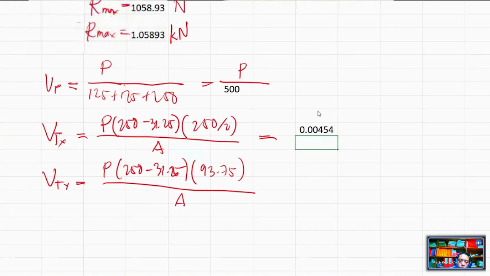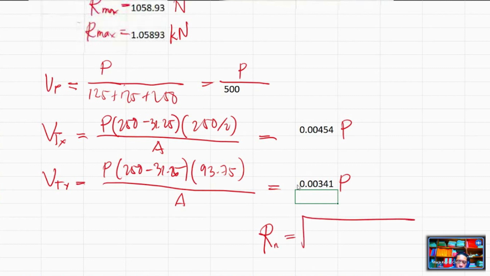So this is 0.00454 P. Dito naman, this is still the same, kakaiba lang, instead of 250 over 2, this is 93.75. The result is this one, this is in terms of P.